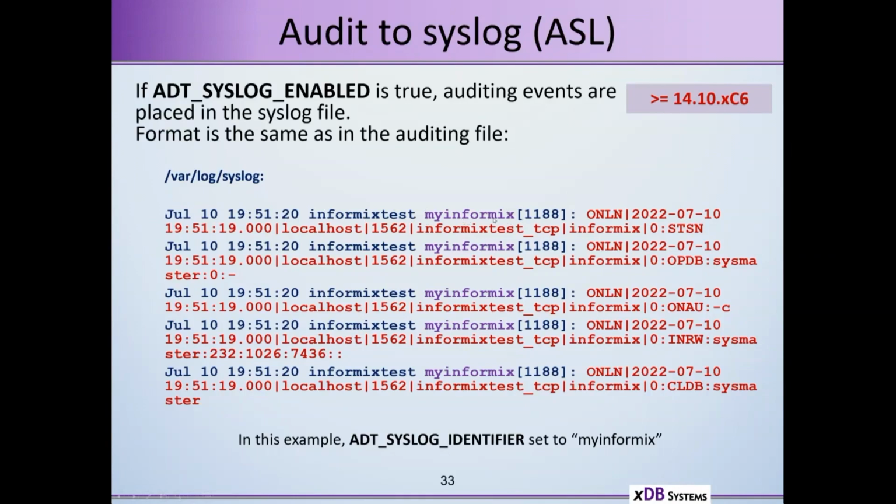That's another item we can set in the configuration file, ADT syslog identifier. By default, it's the same as the Informix server, but we can override it by setting this value. The stuff highlighted in red is exactly the same as what is written to the file: a pipe delimited set of values beginning ONLN, date, time stamp, host name, process ID, that kind of thing. So this is a start session, open database. Same kind of thing, but now it's written to syslog.